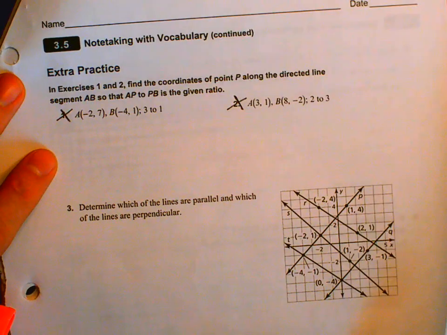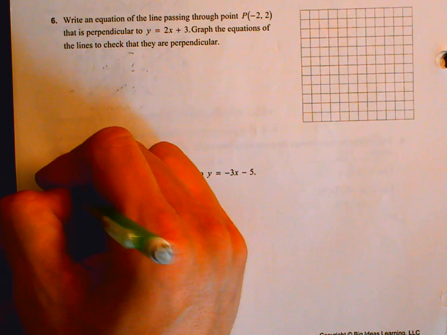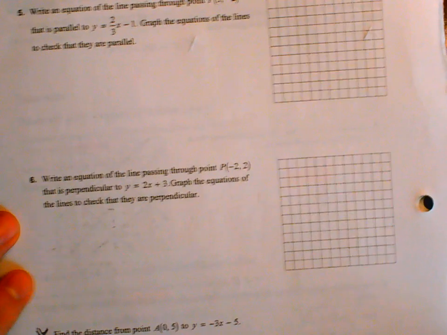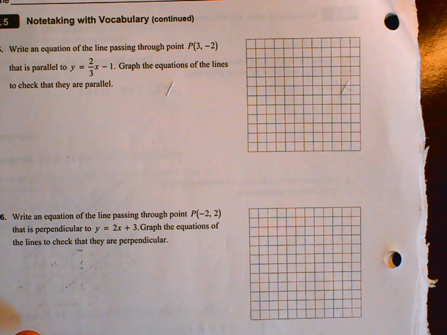And then on the next page, on page 90, I don't want you guys to do number 7. Okay, don't do number 7. Now, on 5 and 6, you are going to do that, but you're also going to be graphing them. Don't forget the graphing. Okay?